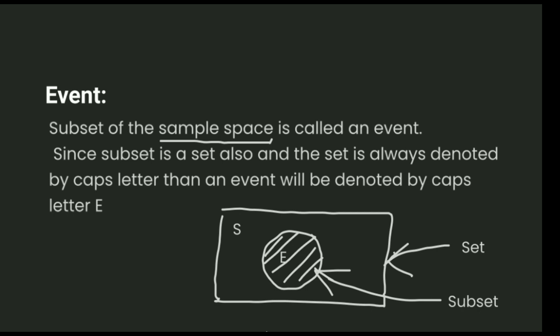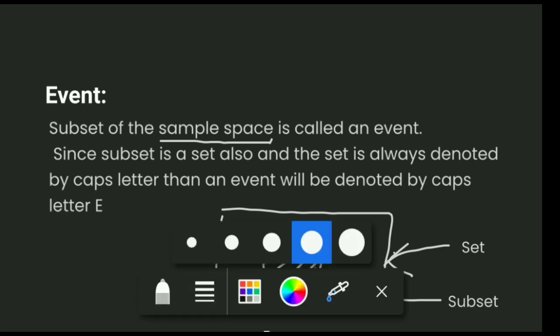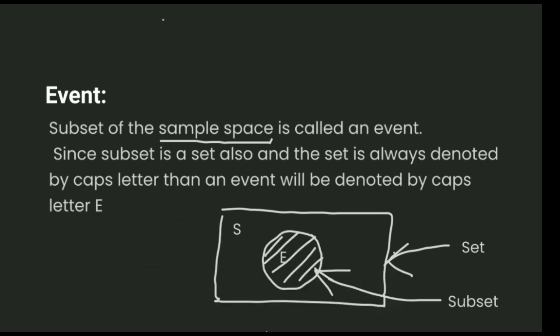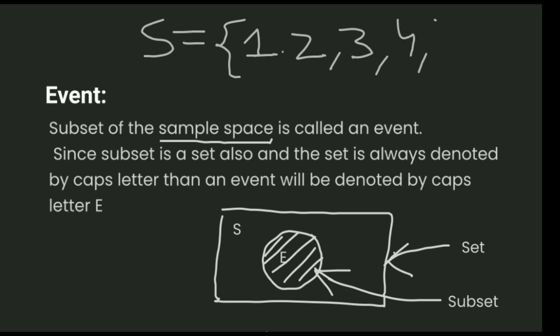Next, let us understand what is event. Event is nothing but a subset of sample space. Let us take rolling of a dice. Suppose we are taking the sample space of the outcomes, what could be the sample space of rolling of a dice? 1, 2, 3, 4, 5, 6.